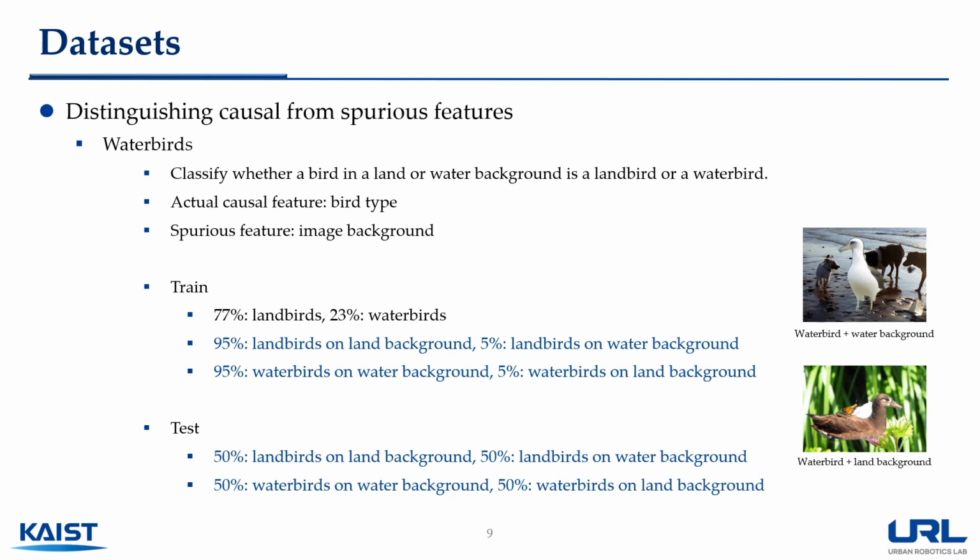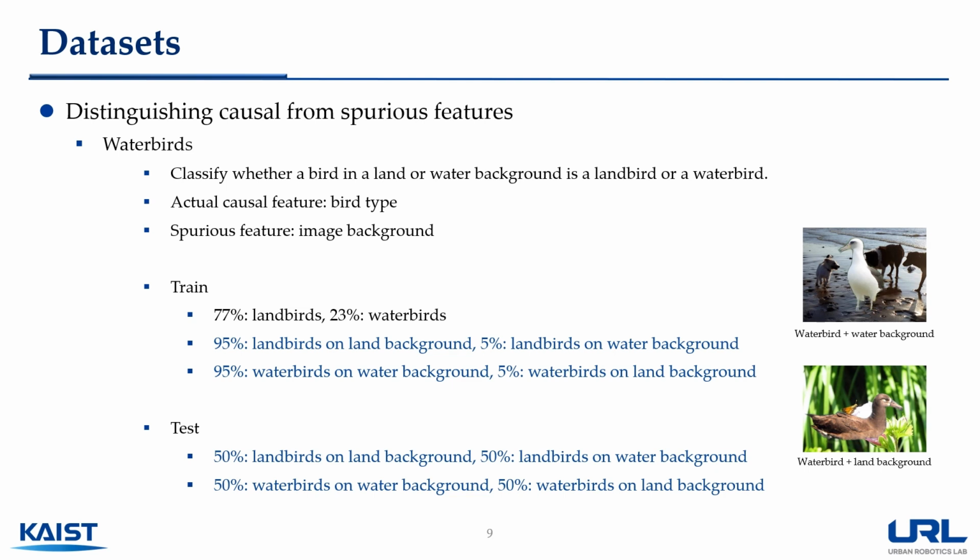It is to classify whether a bird on a land or water background is a landbird or waterbird. The actual causal feature is the bird type, but the spurious feature is the image background. And the train and test distributions differ.